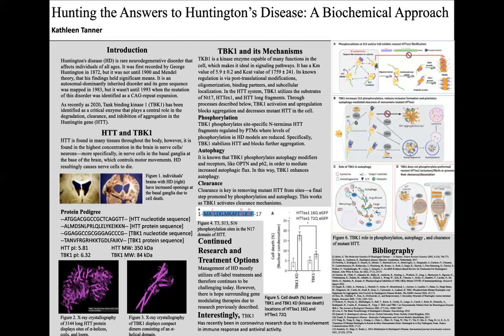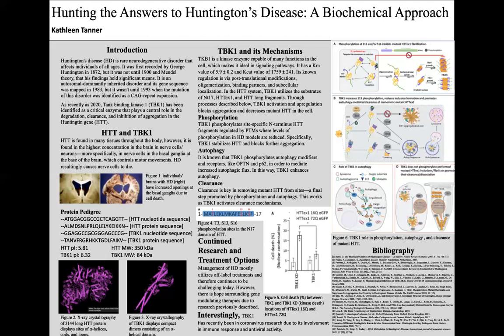Tank binding kinase 1, or TBK1, plays a central role in the degradation of the Huntington gene repeat and the clearance of said repeats, as well as the inhibition and blocking of the Huntington gene aggregation. Again, this research I'm reporting on concerning TBK1 is novel to the past few years.